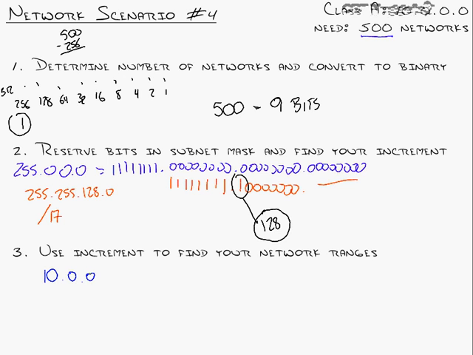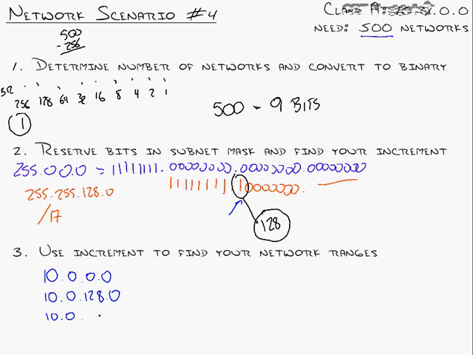So 10.0.0.0 is what we were given and what we started with. Now we need to look back at this increment and identify what octet the increment is in. It's in octet number 3. So I can just go and add 128 to the third octet. 10.0.128.0.